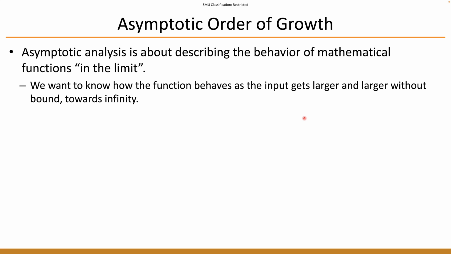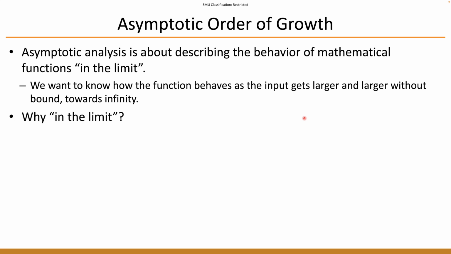Preferably it will be towards infinity, but in reality, you cannot really reach infinity. So in your mind, just imagine that we are looking at cases where the size grows very, very large. You can imagine it can be millions, it can even be billions.